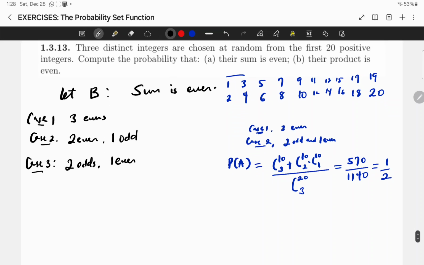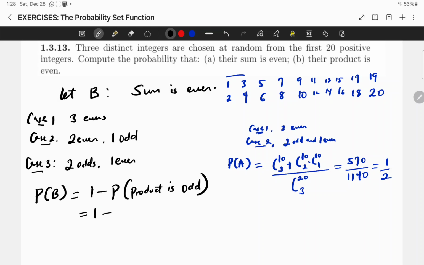Another way to solve this is to say that the probability of B is equal to 1 minus the probability that their product is odd. And for us to get an odd product, we just need one case, which is that the 3 integers are odd.